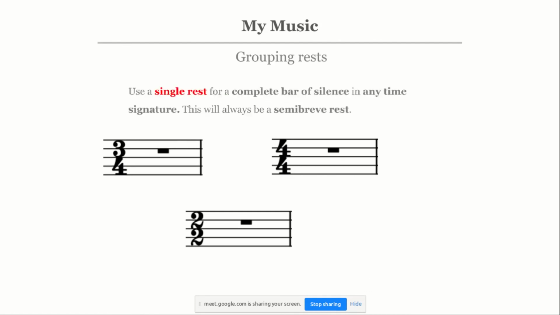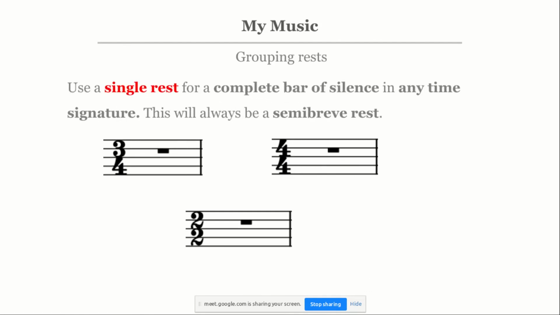So, how do we group rests? First of all, if a bar is completely silent, there is no note in the bar, use a semibreve rest. Be it 2/2, 3/4, or 4/4, a semibreve rest is what shows a completely silent bar.